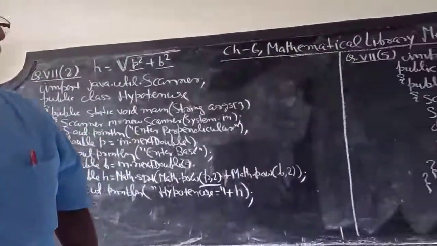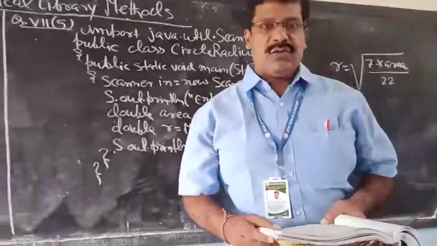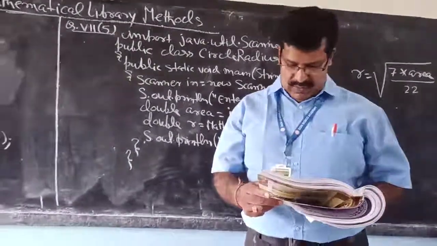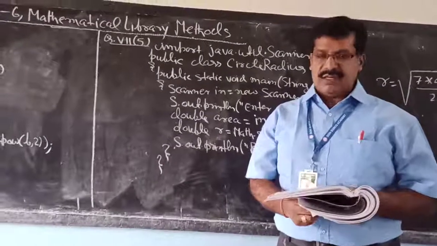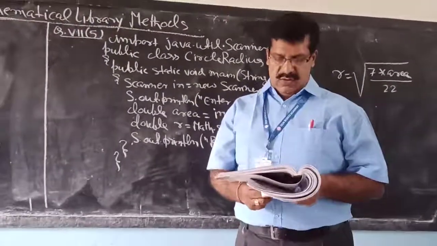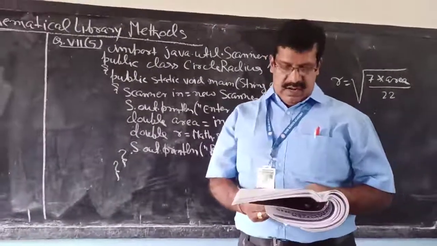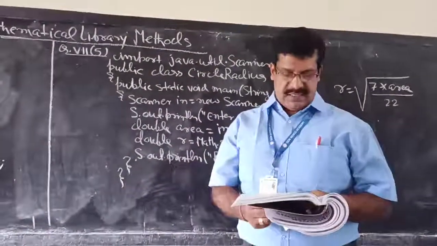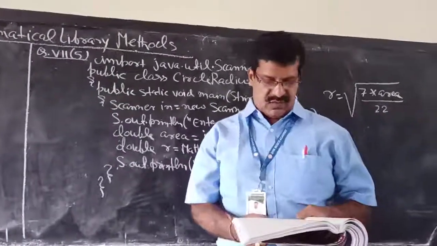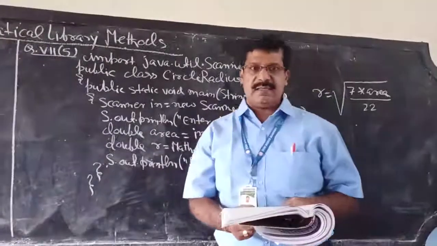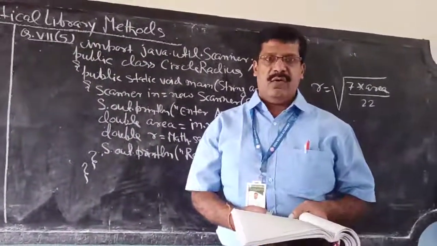One more question we will discuss. The next question is question number 5. What is question number 5? You want to calculate the radius of a circle by using the formula area equal to 22 by 7 r square, where r is the radius of the circle, and area is pi r square, with pi value 22 by 7.